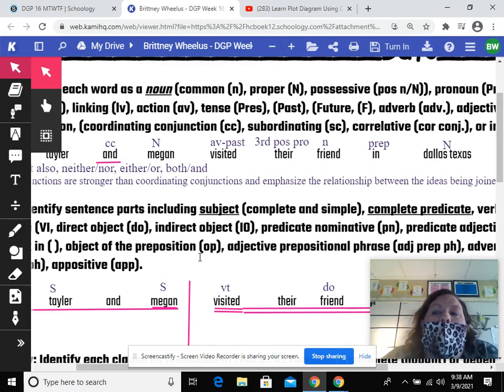Friend is a common noun because we're not talking about a specific friend. We're talking about just a general friend, all right? In is a preposition. And then Dallas, Texas is a proper noun because we're talking about a specific place.